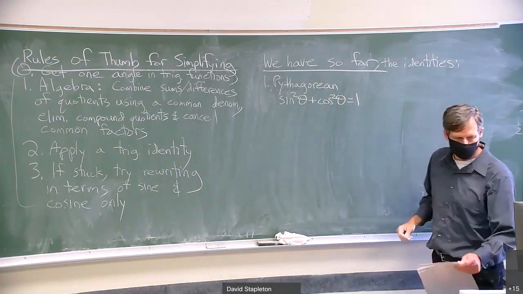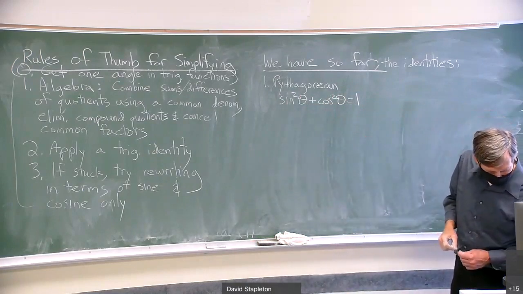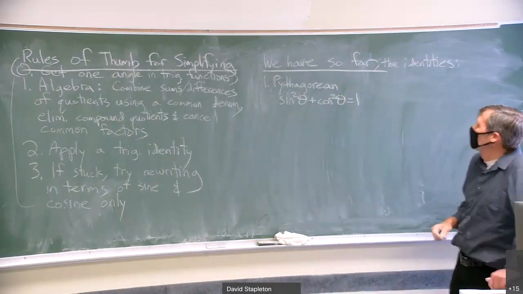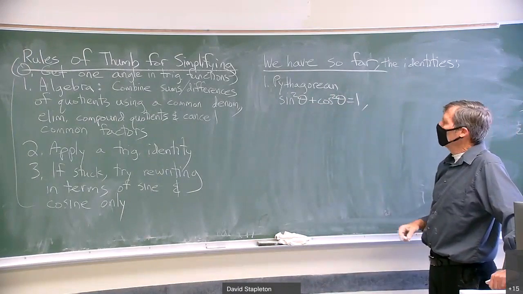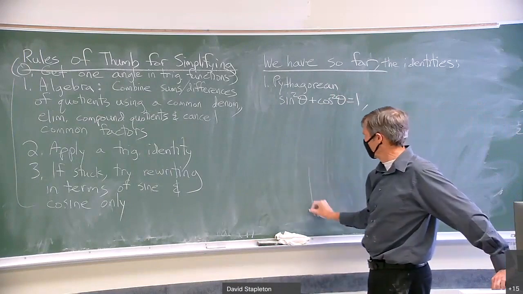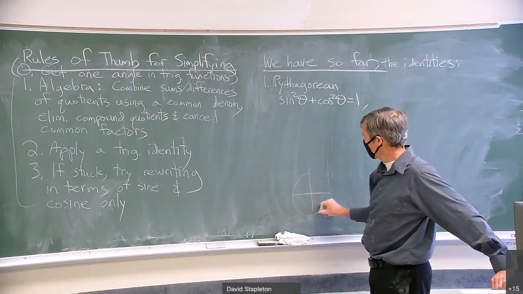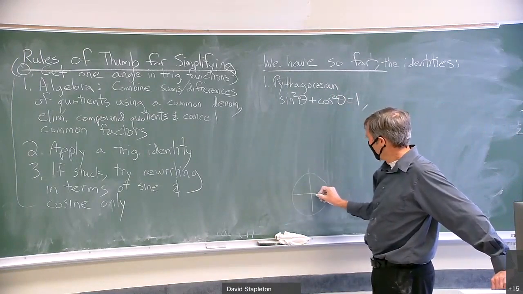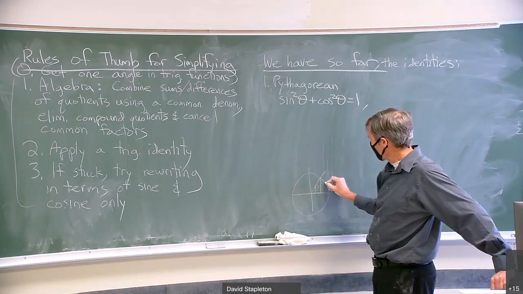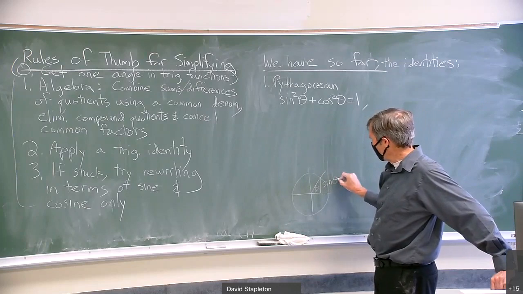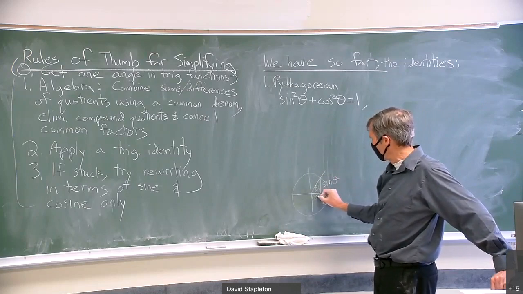What's another one? All right, another Pythagorean identity. This one comes out of the proof. I just want to remind you in case you forget it. If you take an angle theta, it works in other quadrants, but it's easiest to see it in the first. Then the y-coordinate is sine theta, and the x-coordinate is cosine theta.